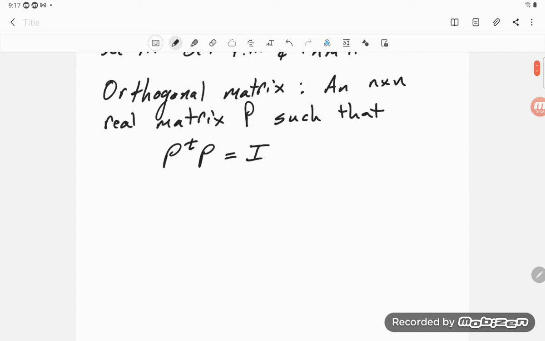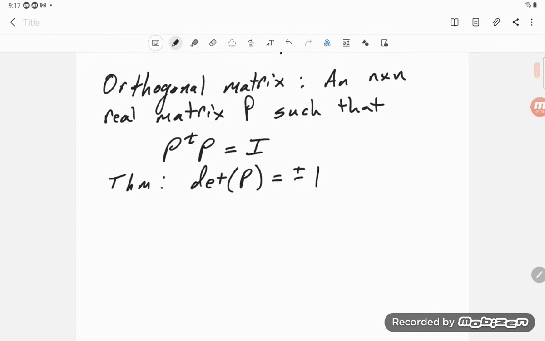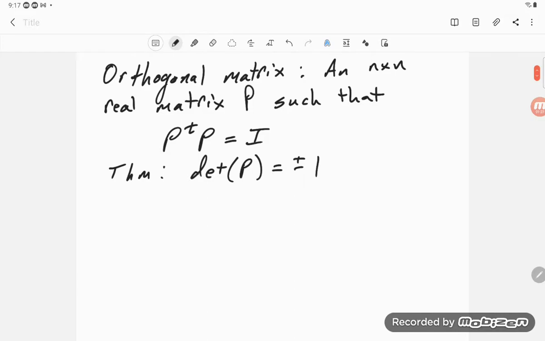Now, they say it follows, so really this is a theorem. This is an unnumbered theorem for them. But they point out that this means the determinant of P is either plus or minus 1. And we can get that. They give the proof.